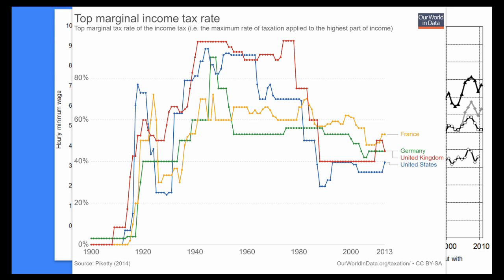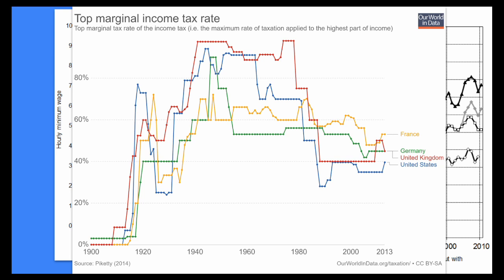But you see a similar trend to what we've seen in other charts, where the 80s hit and there's just a drop in top tax rates. And looking at 2013, right, you're seeing a top tax rate for earners that's closer to 40%. Today, it's closer to like the mid 30s, really, if you're talking about the effective top tax rate in the United States, compared to France, still around the 50s percentage.